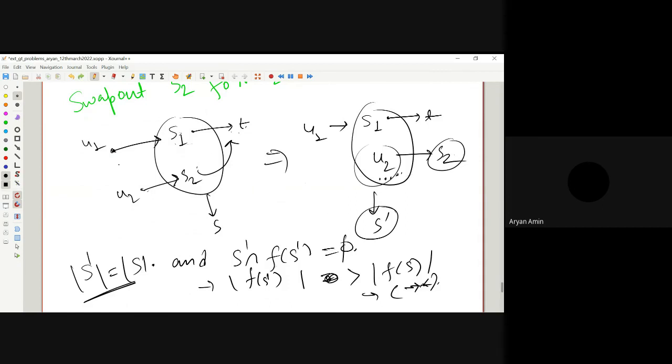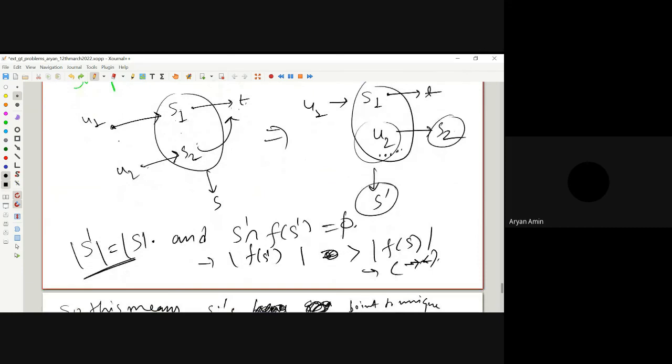But what is different for S dash is that its image has the S2 element extra compared to the image of Fs, right? So you basically increase the F value, the size of the image of S dash. But we had already taken F of S to be maximal. So this poses a problem.